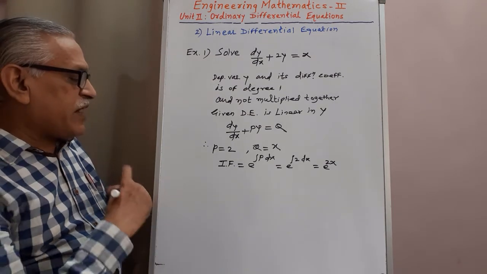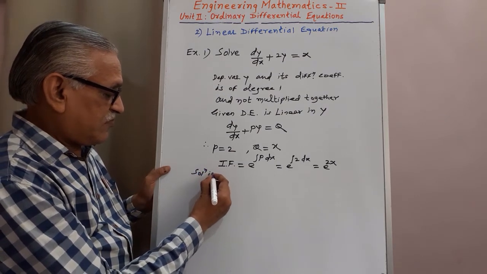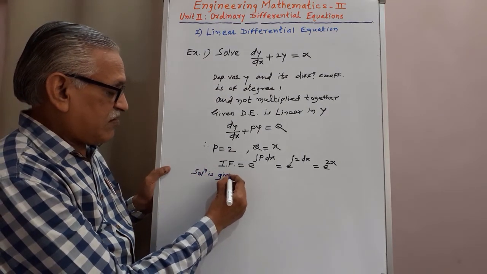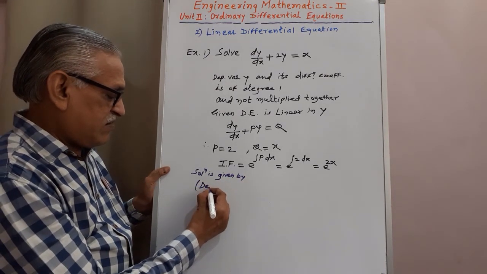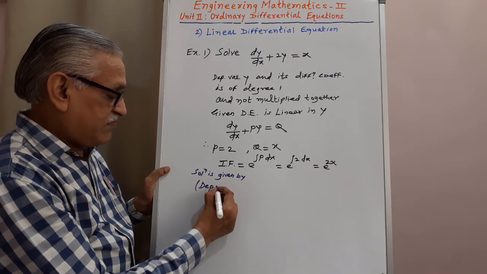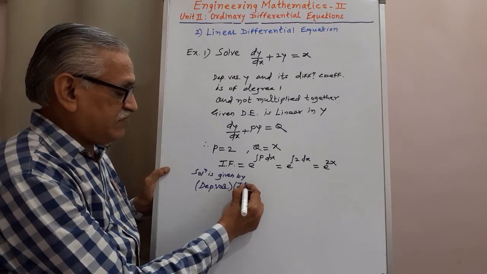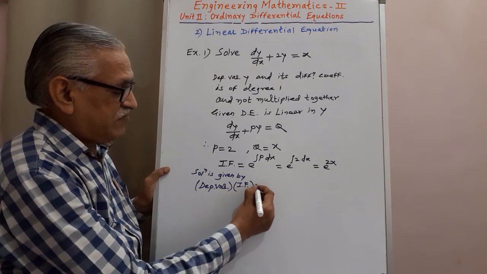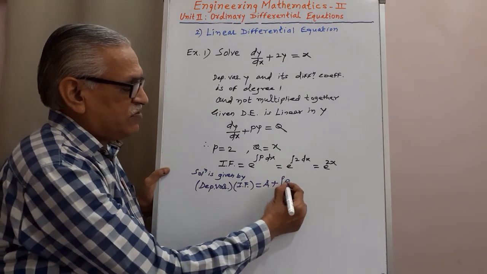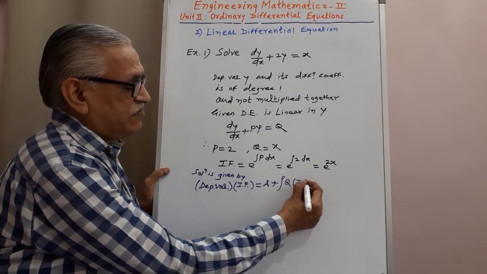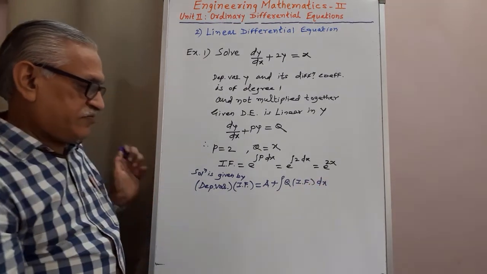Then the solution is given by dependent variable into integrating factor is equal to constant of integration plus integration of q into IF, and then its integration with respect to x.